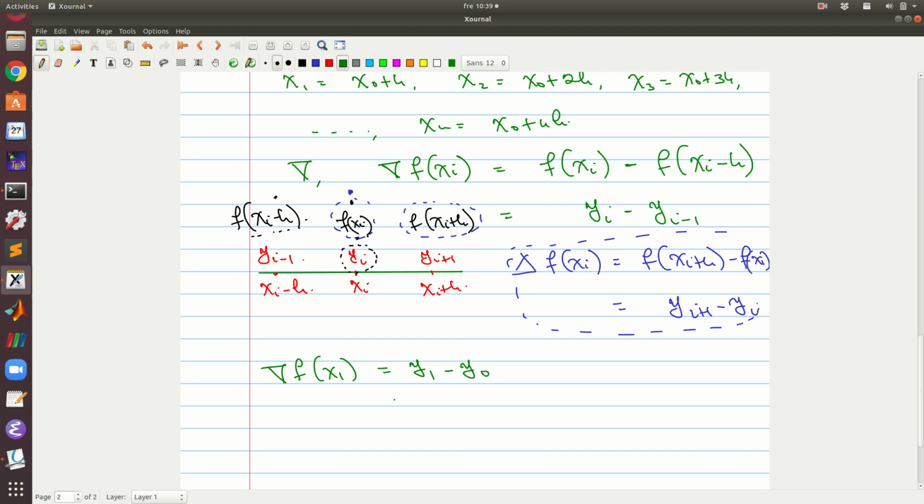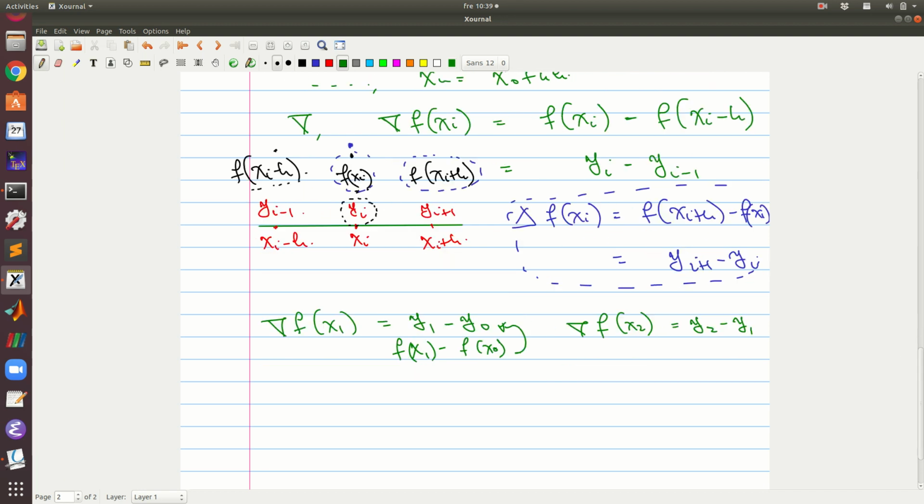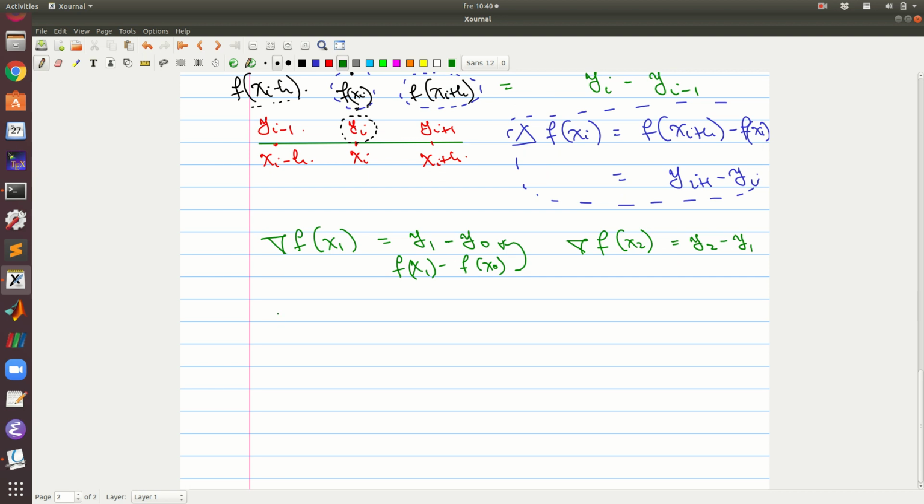We can say that it is f of x1 minus f of x0, which will give us this. Then the backward difference operator at x2 is going to be given by y2 minus y1.